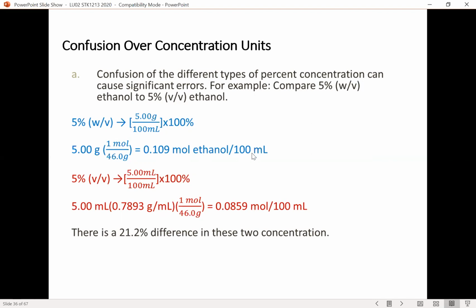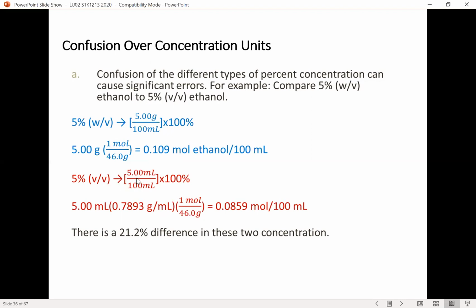Let's say you are working with 100 ml of ethanol. You use it as the basis of your calculation. So when you convert gram to mole, you divide it with the formula mass. So from there, you get the mole, 0.109. What about 5% volume to volume?